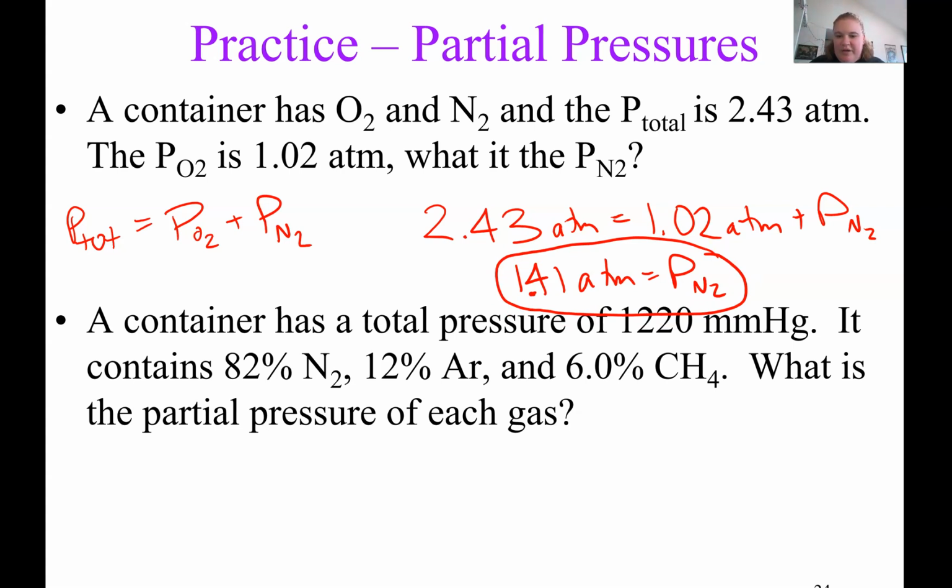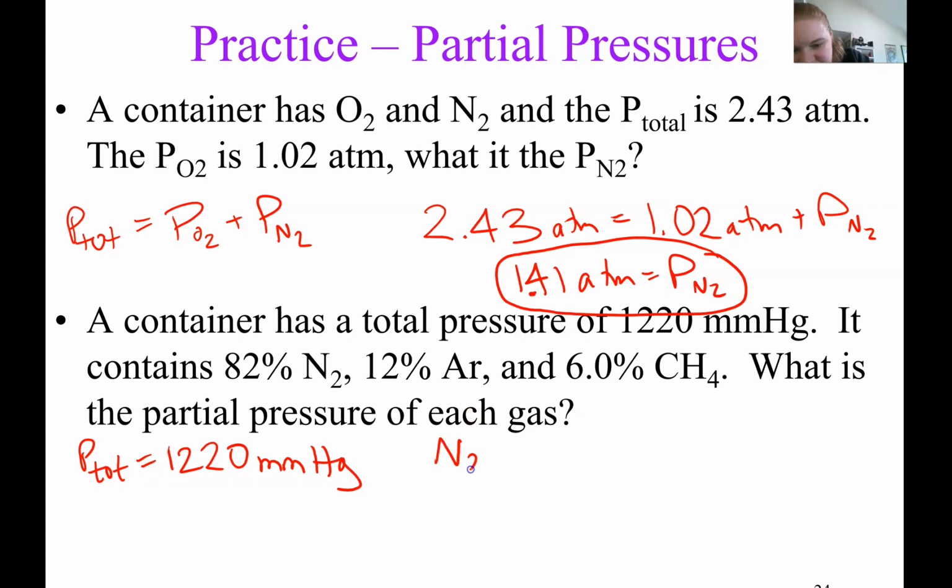The second problem on here says a container has a total pressure of 1,220 millimeters of mercury. It contains 82% nitrogen, 12% argon, 6% methane. CH4 is methane. What is the partial pressure of each gas?